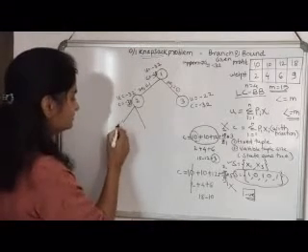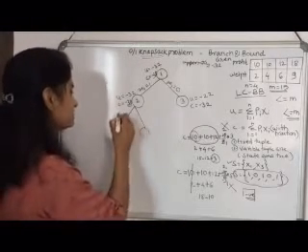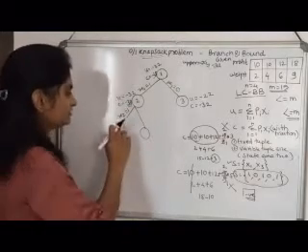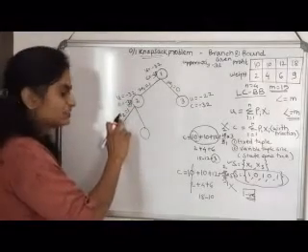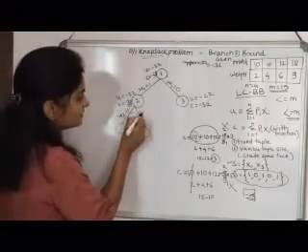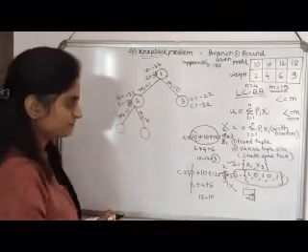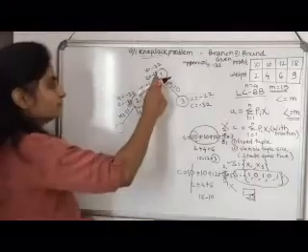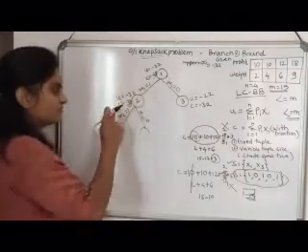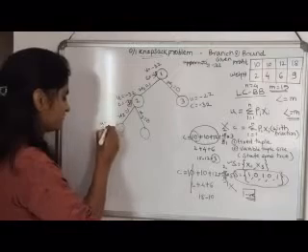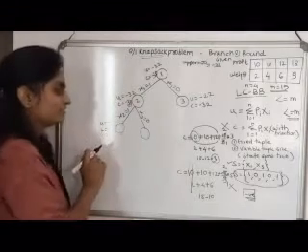Then here, x2 is equal to 1 means the second object is included here, and x2 is equal to 0 means the second object is not included here. For this branch, first object included, second object included. Therefore, the cost and upper bound remain the same.